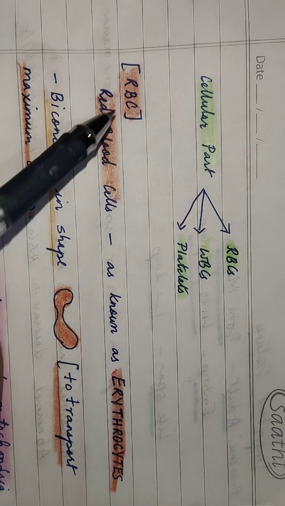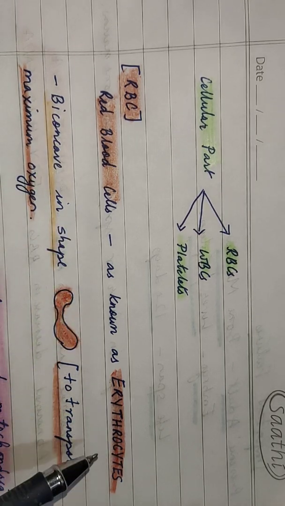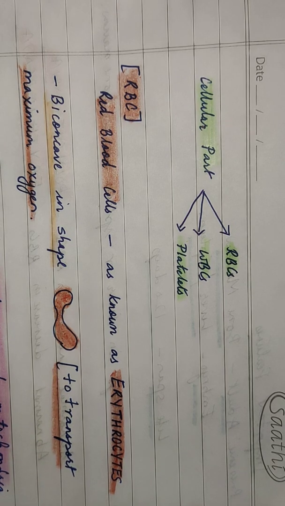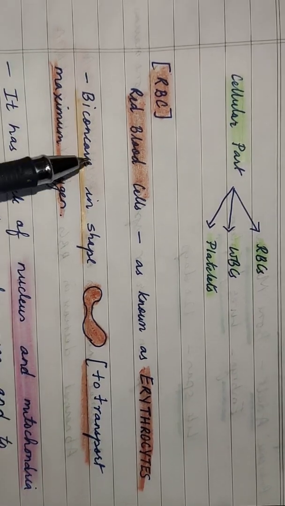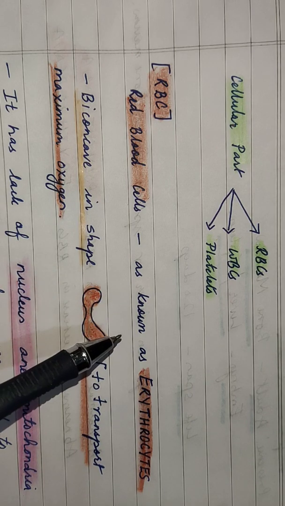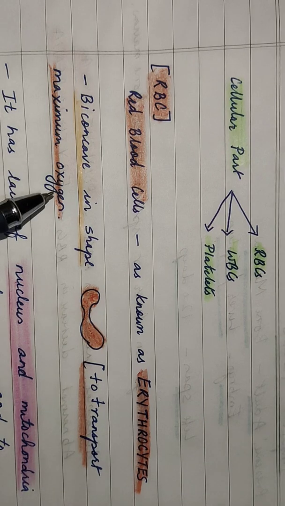So RBCs, red blood cells, also known as erythrocytes. Let us understand the shape. It is biconcave in shape, and there is a reason why it is biconcave: to transport maximum oxygen.